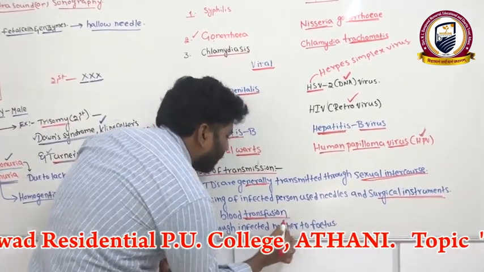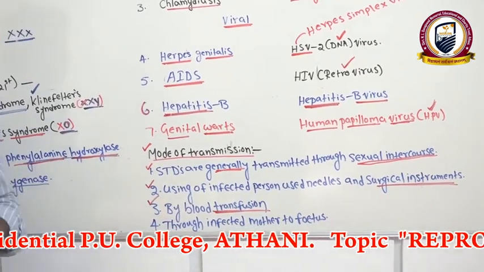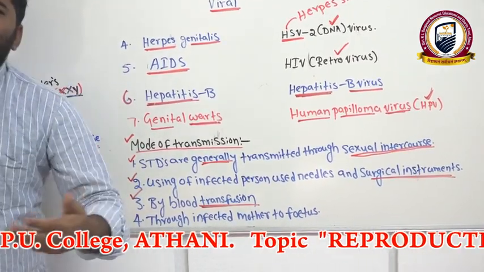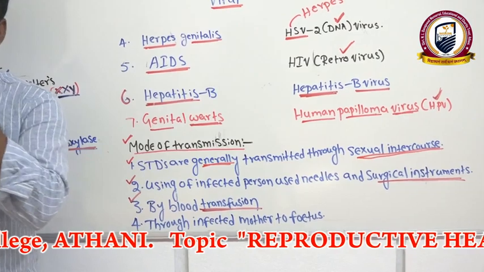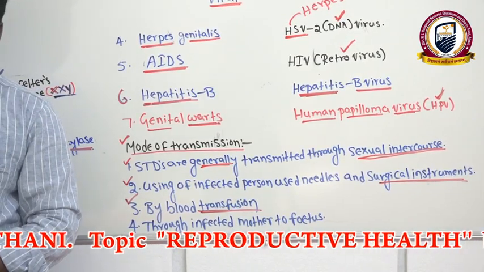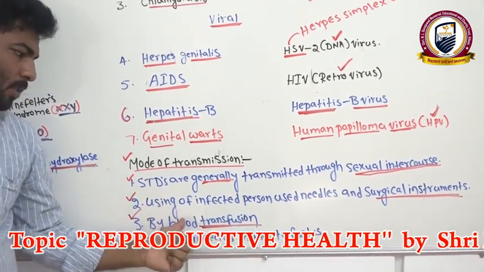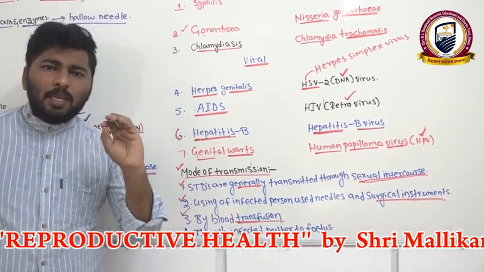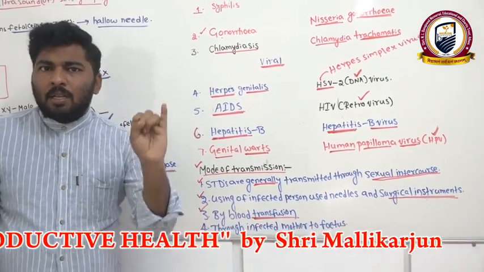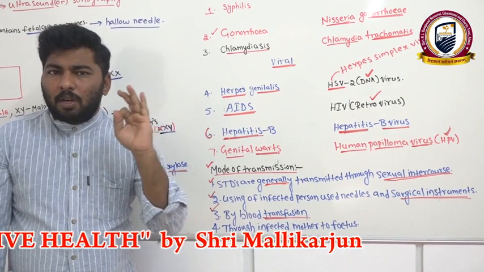Now the next point, by blood transfusion. This you know very well. For example, if we have a normal fever and go to the hospital, first the doctor will take a blood test. In the blood test, they will test even malaria, HIV positive or negative, TB, everything.